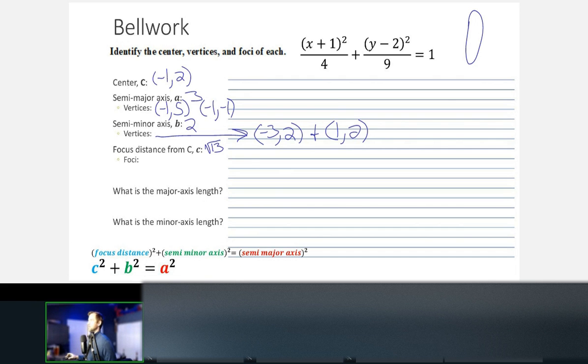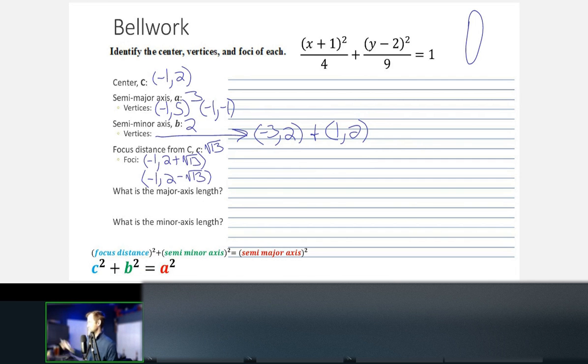And then our focal points, our foci, those are going to change in the y direction. So that means we are going to have -1, 2 plus radical 13 as the first one, and then -1, 2 minus rad 13.